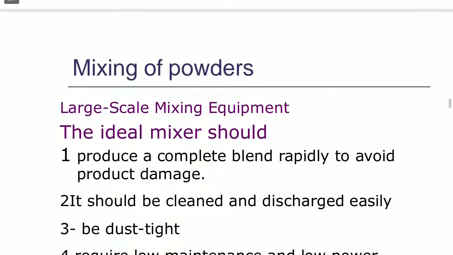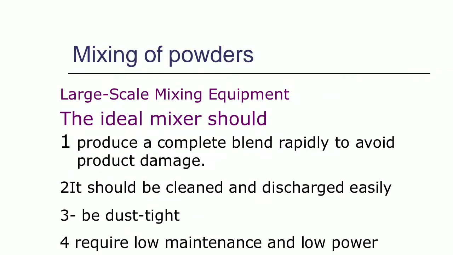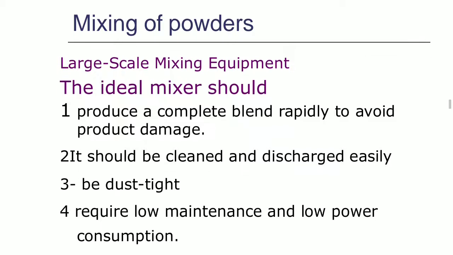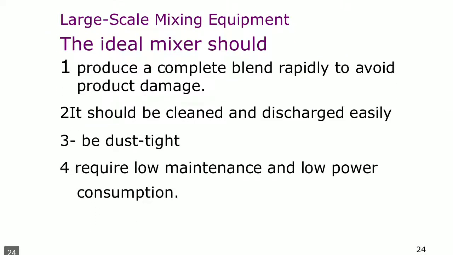First one is mixing of powder. Large scale mixing equipment: the ideal mixer should first produce a complete blend rapidly to avoid product damage. Next, it should be cleaned and discharged easily, be dust tight, and require low maintenance and low power consumption.